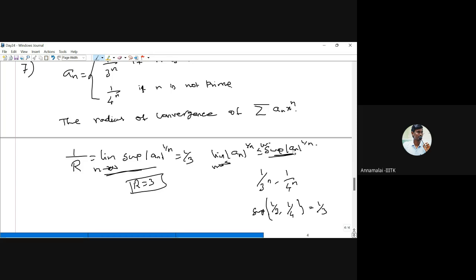So this is another important formula: take the coefficient of the series and then take the supremum of a_n power 1 by n. Now the next problem.